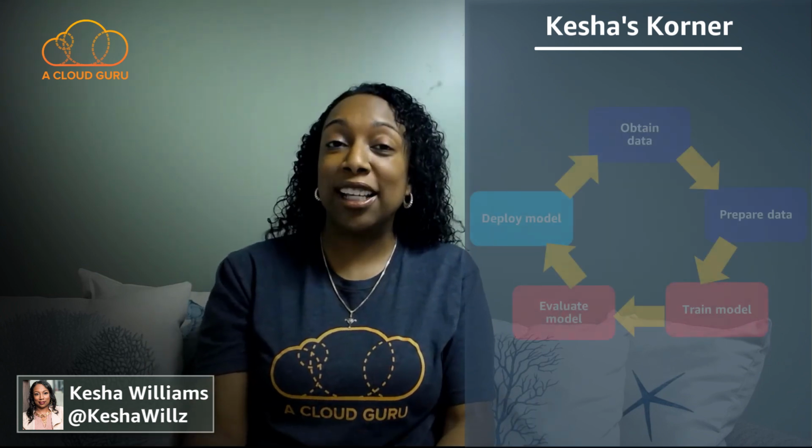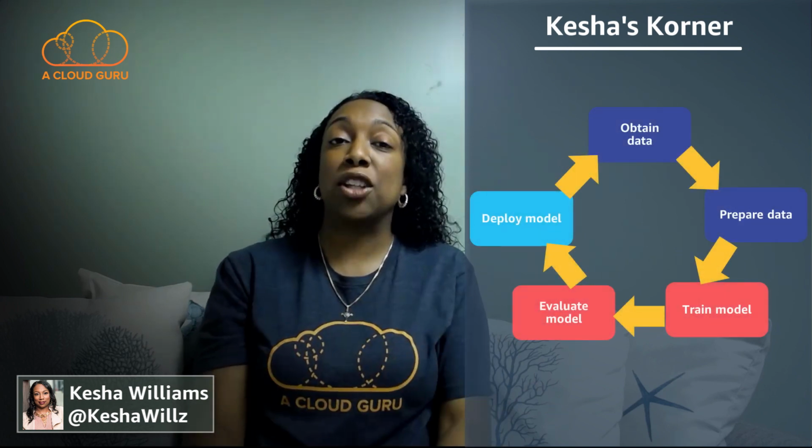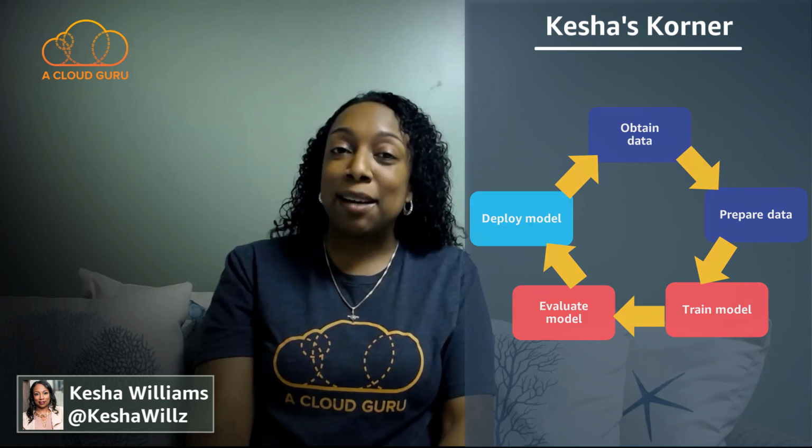Now, historically, you've had to use different systems for different phases of the machine learning lifecycle. But AWS simplifies this process by allowing you to stay in one system for the entire life cycle, making the process easier to manage. I'll share more about that in a future video.